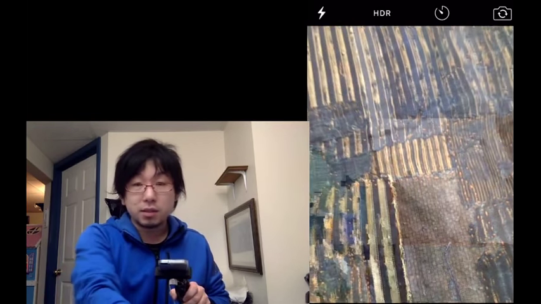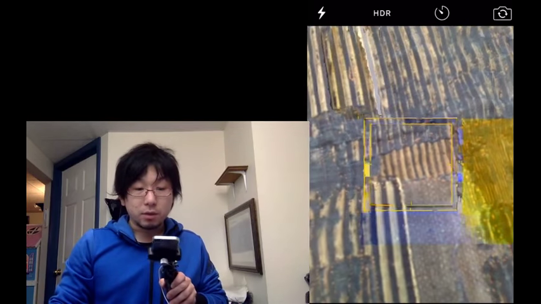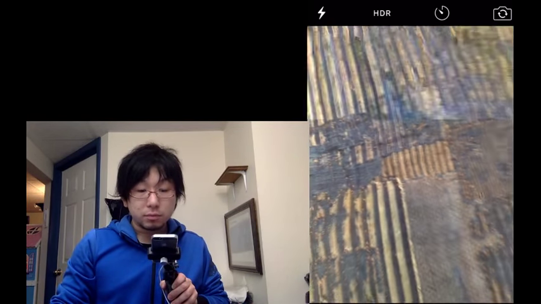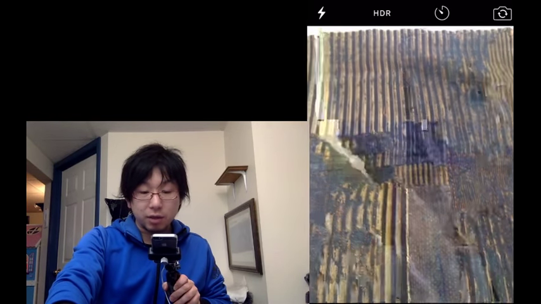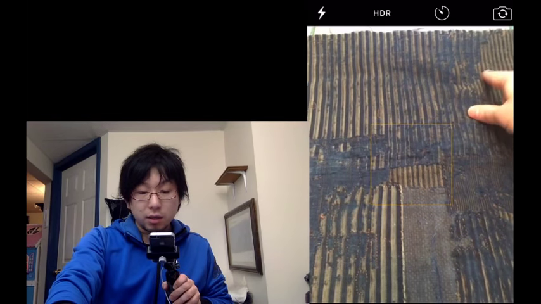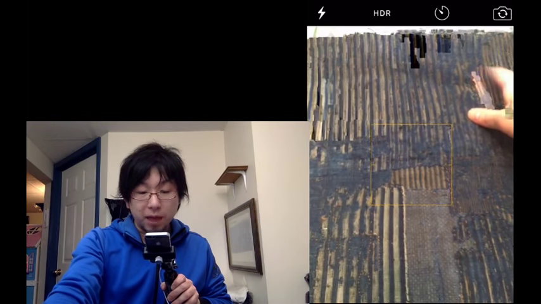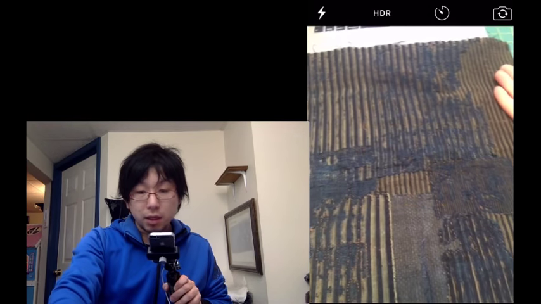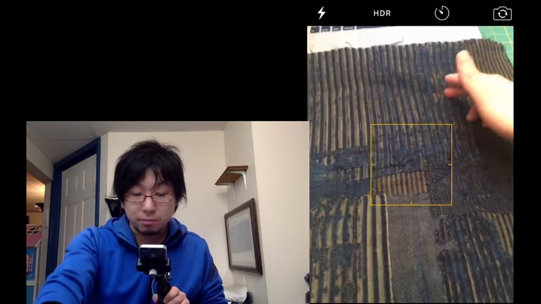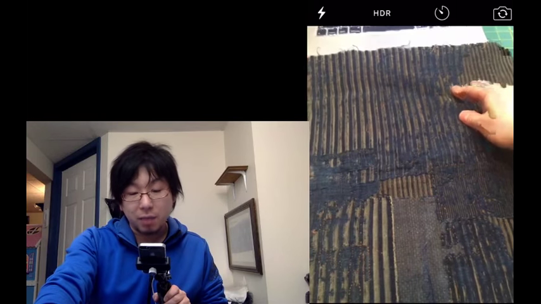But this is a good example of Boro. This is not a pattern. This is two different fabrics. One fabric from the back of those torn fabrics, and that makes art-like patterns.